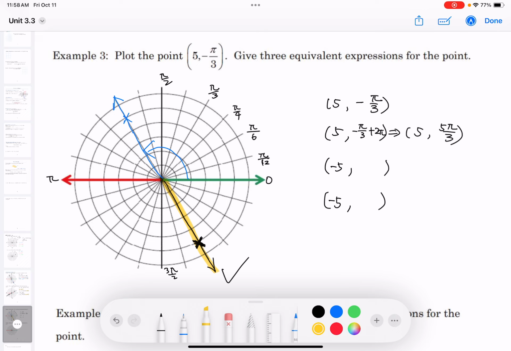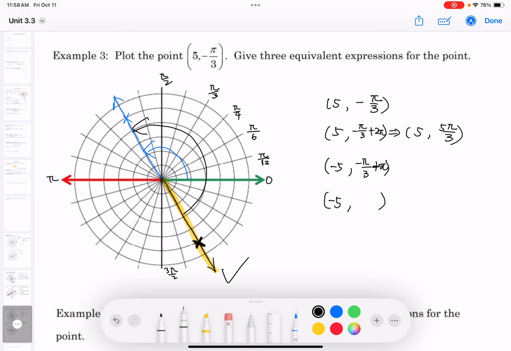So for example, if I plus pi, not 180 but pi, so the given angle -pi/3 plus pi, rotating a half revolution, because plus pi is rotating this way.